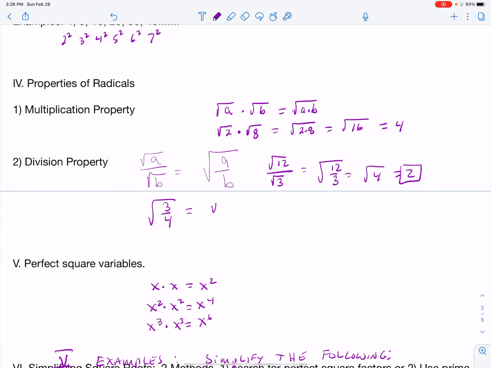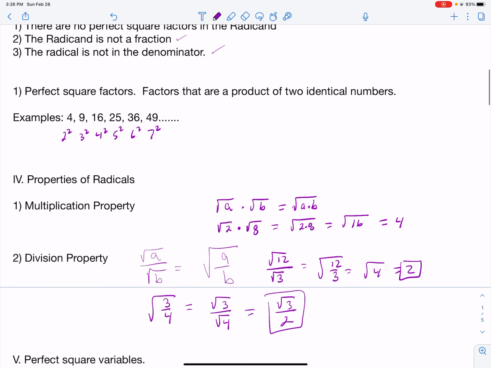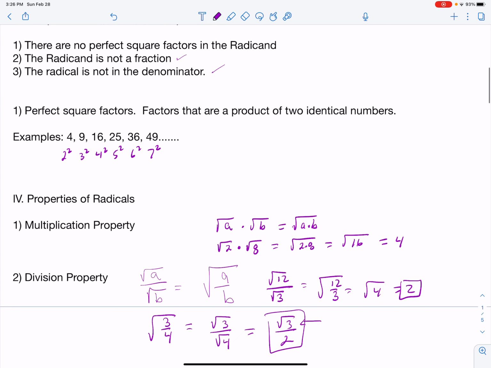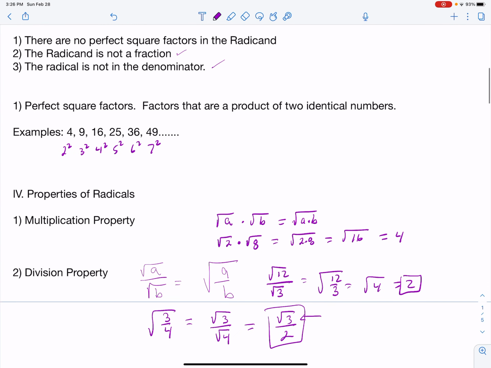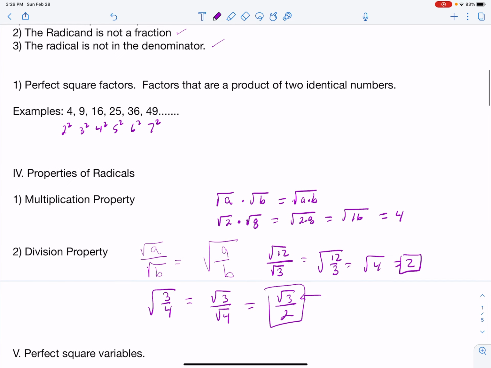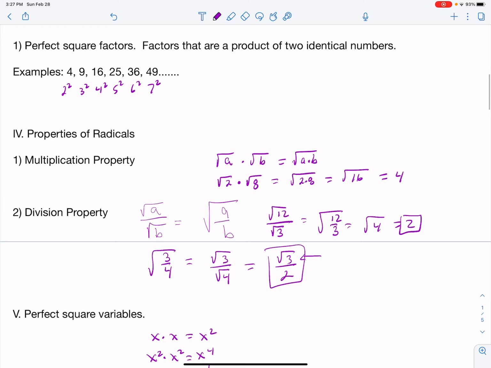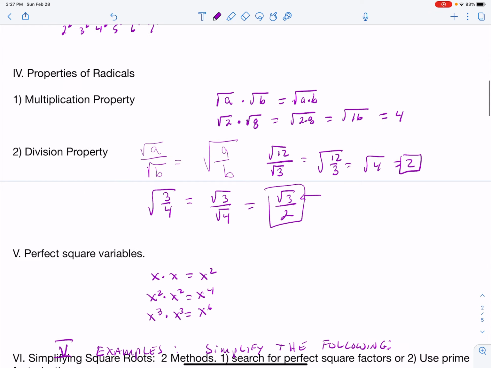So we could split this up: square root of 3 divided by the square root of 4. And now we can take the square root of 4, which is 2. And this would be considered simplified. Why? Because the new radicand is 3, just the number underneath the radical. There are no perfect square factors in that radicand of 3. The radicand 3 is not a fraction, and there is no radical in the denominator. The denominator has been rationalized to the number 2. All right?